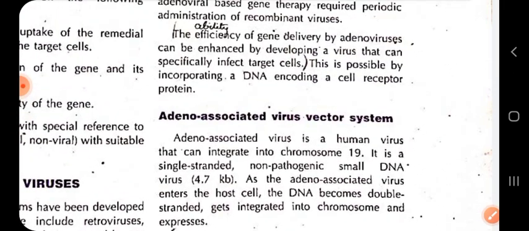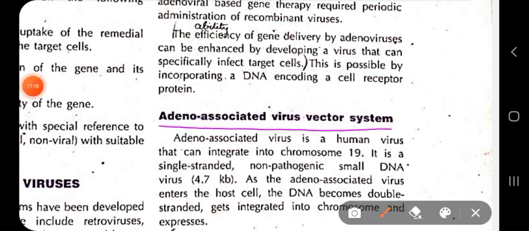Now I will discuss the adeno associated virus vector system. The adeno associated virus is actually a human virus which can integrate into chromosome number 19. Again, I repeat, it is a type of human virus.